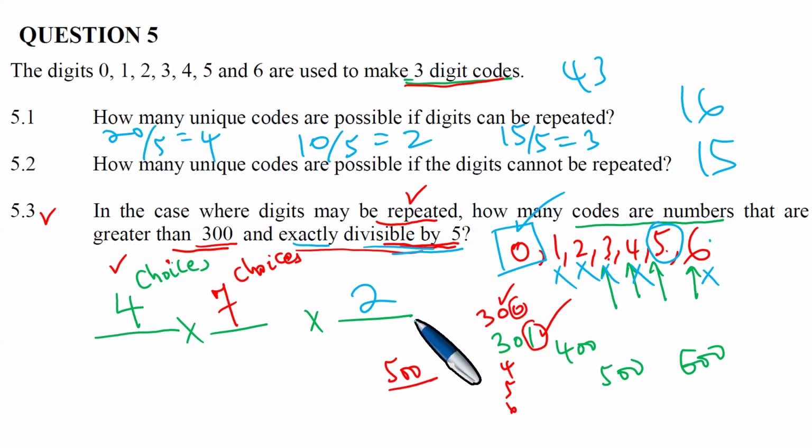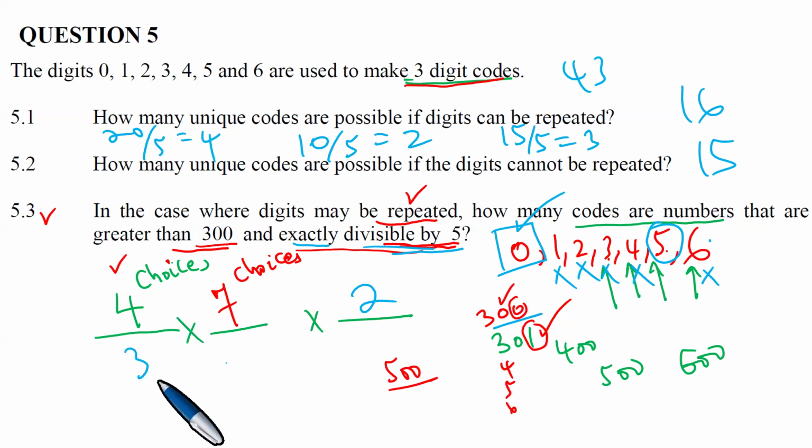And then now we remove one case. What is the case? Because they must be greater. As said, we can form that 300 there, because we can start with 3. Because we have 4 choices, the 3 is included in the 4 choices.